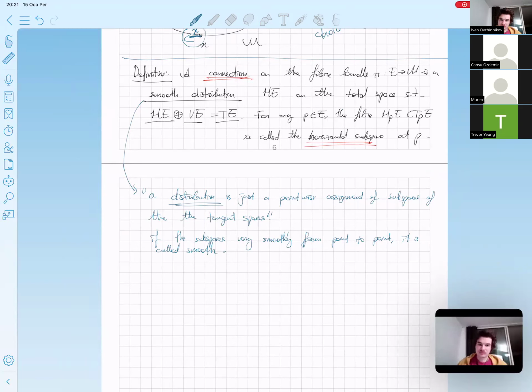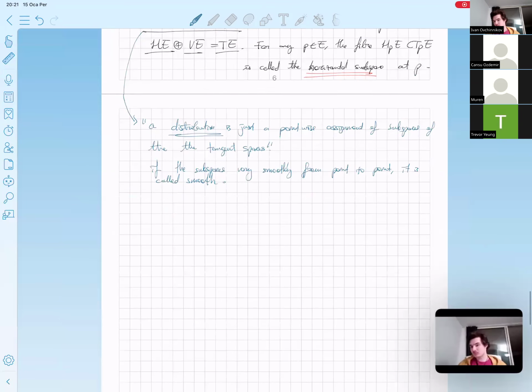So a connection is a distribution which varies smoothly from point to point on the total space such that it complements the vertical bundle at every point. This means that whatever vertical subspace you have at P over X, for every point we get to choose a complement of it.